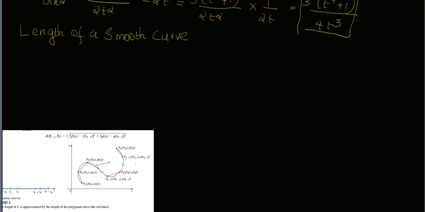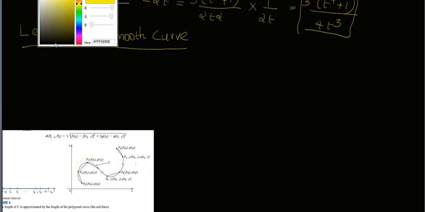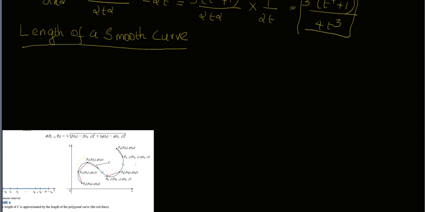Length of a smooth curve. How do you find the length of a smooth curve? Suppose this is our smooth curve. In this smooth curve, we divide it into pieces.